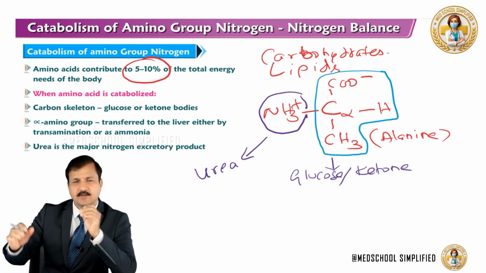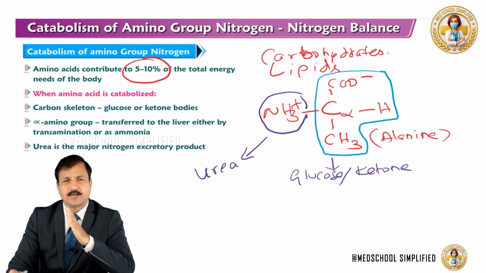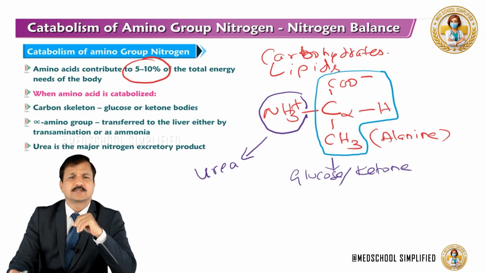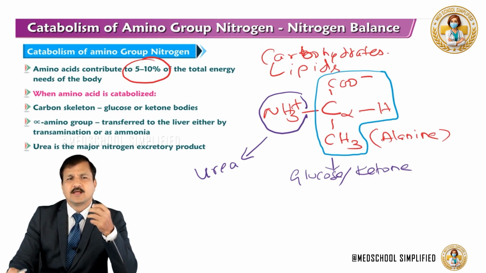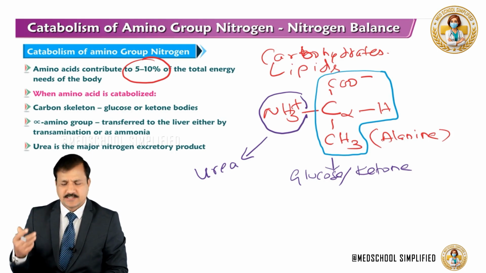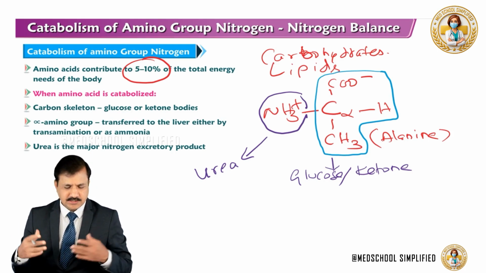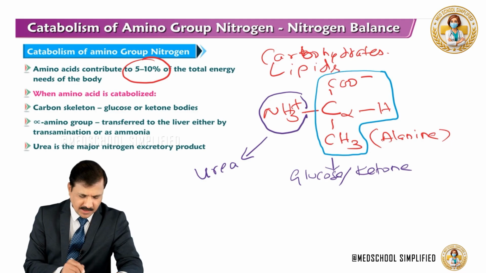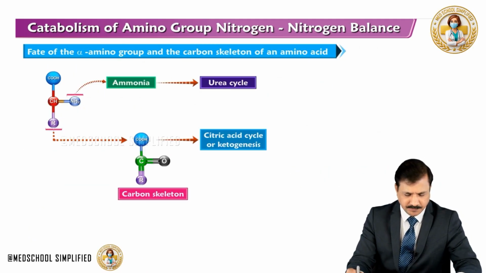The carbon skeleton is handled separately, and the amino group undergoes a transfer process all the way to the liver, either by transamination or direct transfer in the form of glutamine. And then it will go into urea formation, and urea is excreted in the urine. So this is how the process goes on, and that is what is shown here also.